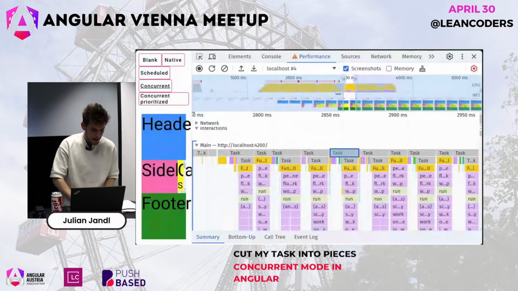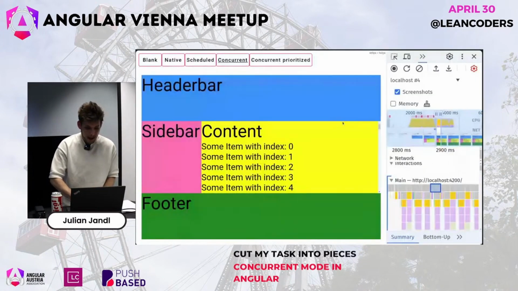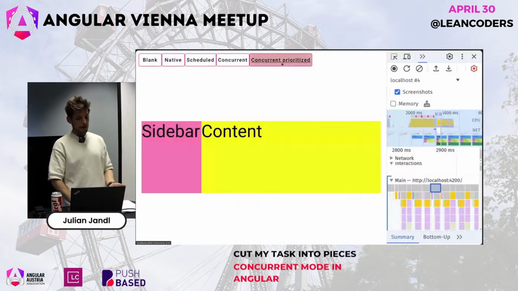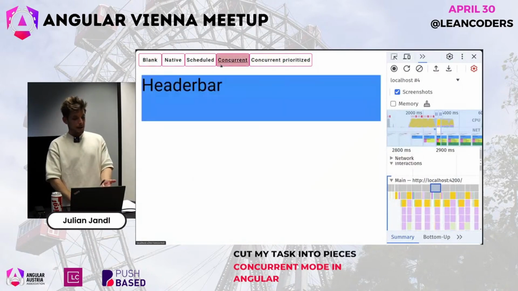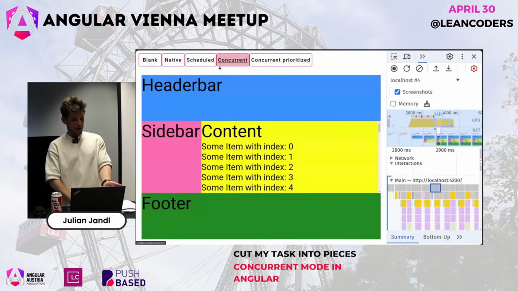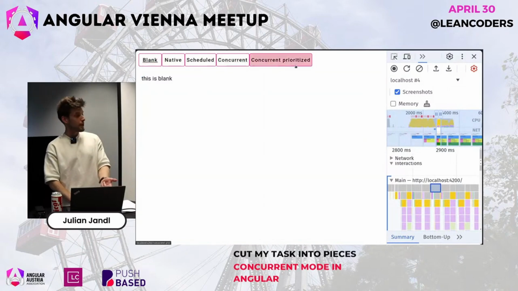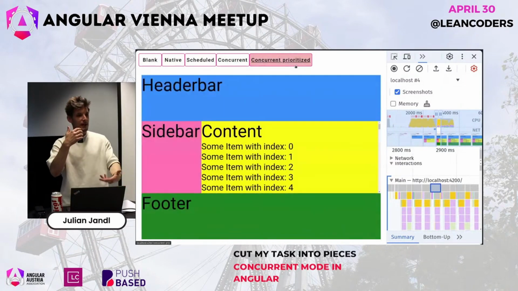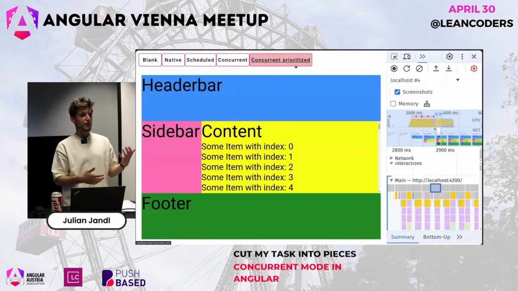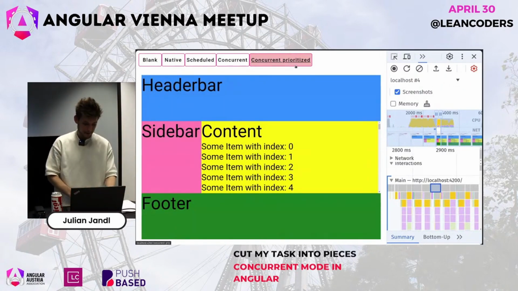So with that in place, I can again go here from our blank page to prioritize. And then you see content is the first thing that's added into the DOM and not header bar. That's header bar, then sidebar, then content, then footer. And now to prioritize one, content first, then sidebar, then header bar, then footer, whatever you want.